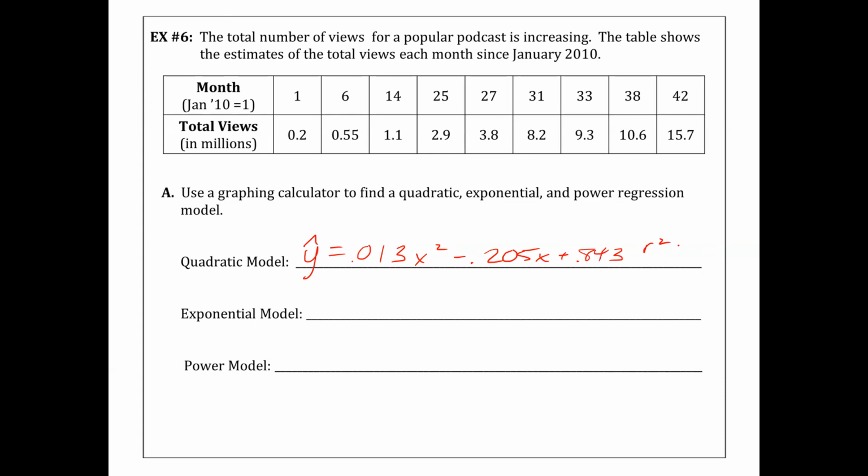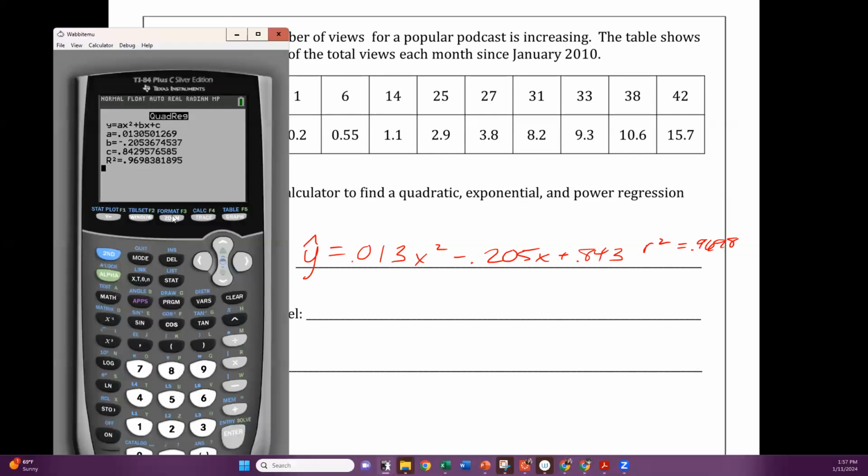And the R squared equals, around 4 decimal places, 0.9698. Okay, so that one's done. And now we're going to do the next one.